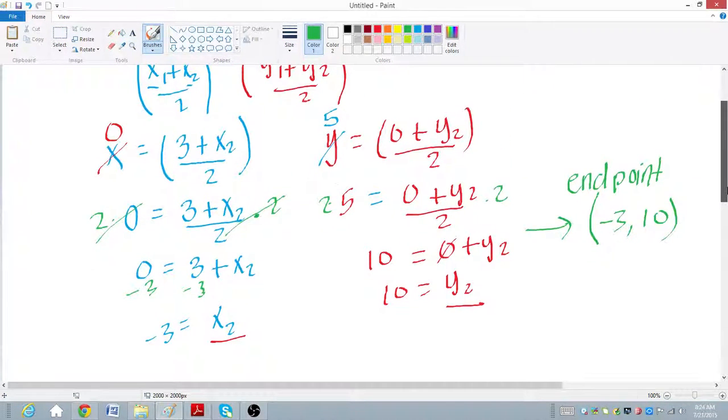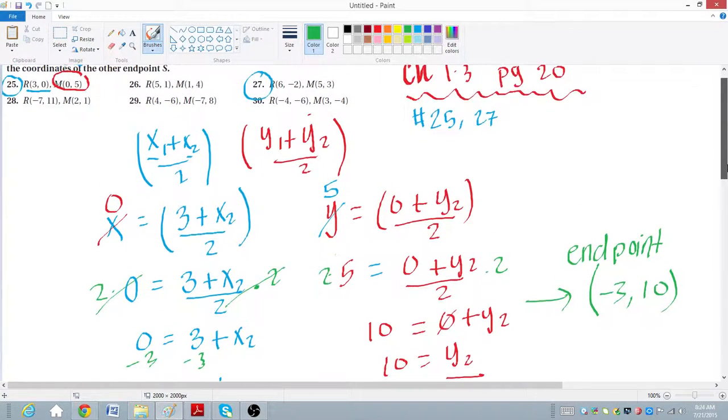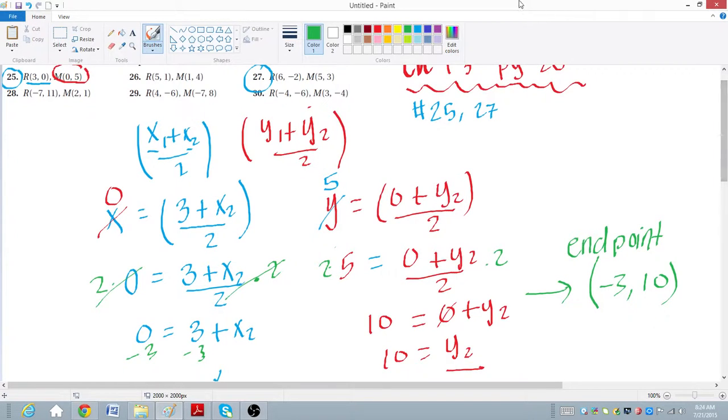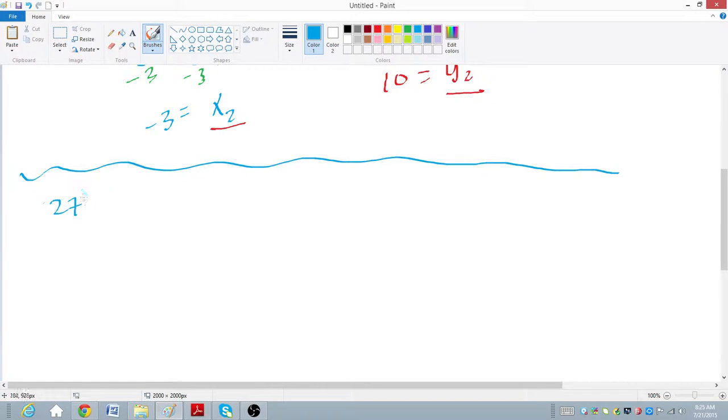So that was number 25. Now I'm going to do number 27. Let me try to remember the two points. Number 27, I have 6, negative 2.